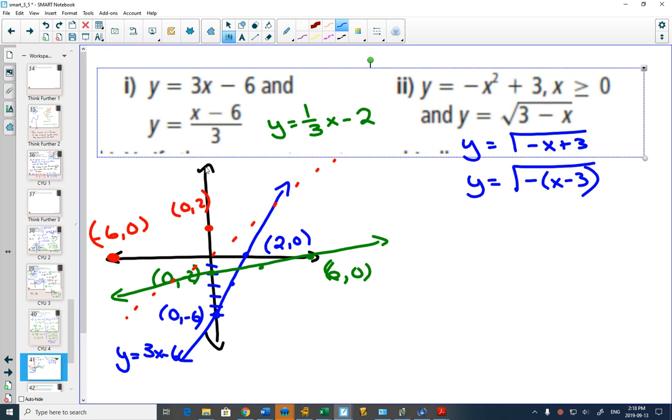So it has a horizontal reflection and a translation 3 to the right. In part A, the restriction on the domain means that you only draw half the parabola. And then from there you could verify it graphically. 7, 8, 11, and 13.